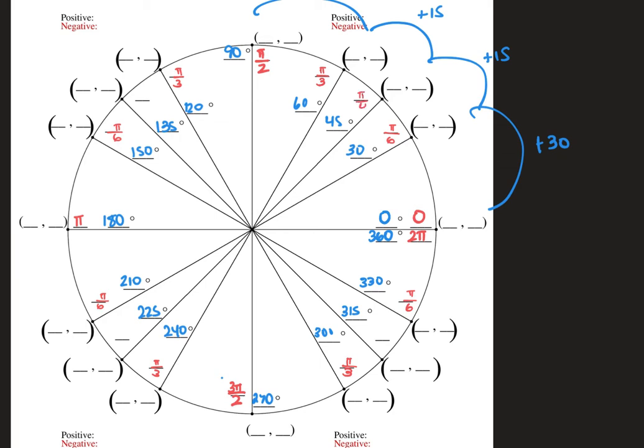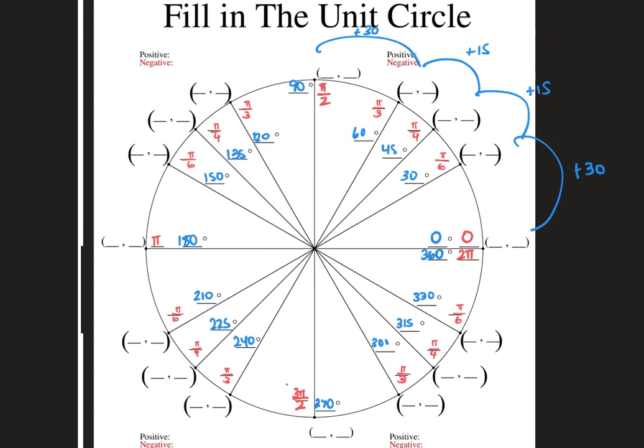Pi over 4, pi over 4, pi over 4, pi over 4. In the first quadrant, we leave those angles as they are. Pi over 6 is 30 degrees. Pi over 4 is 45 degrees. Pi over 3 is 60 degrees.